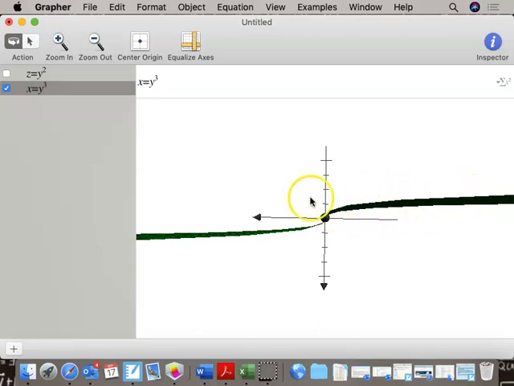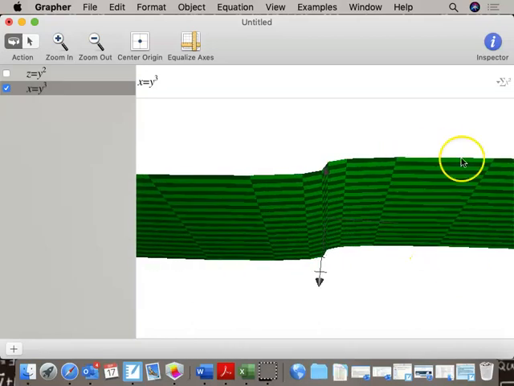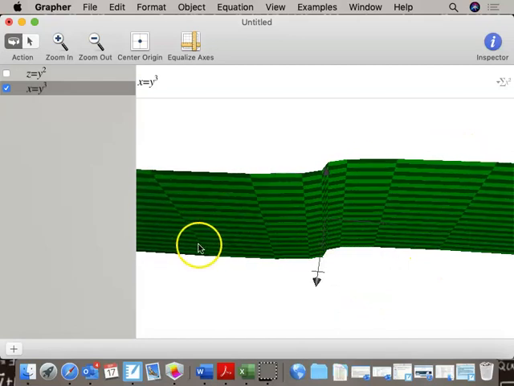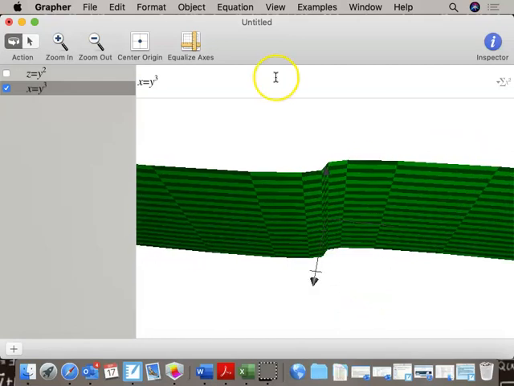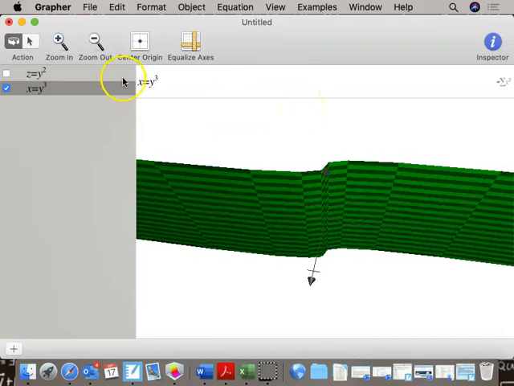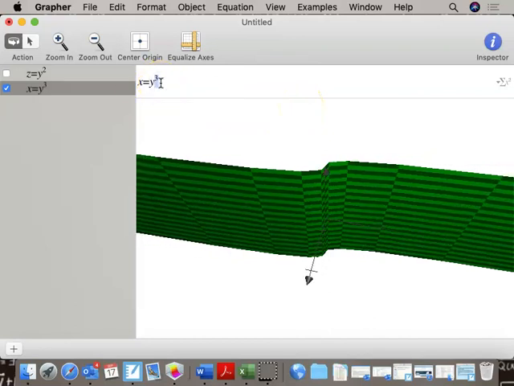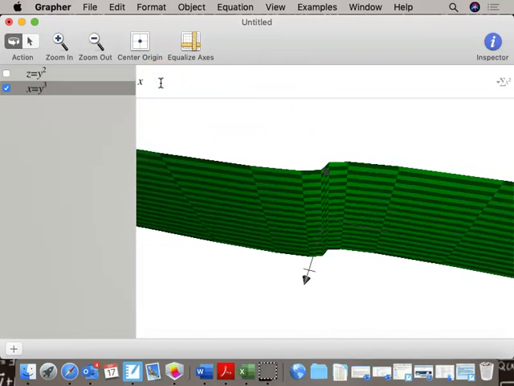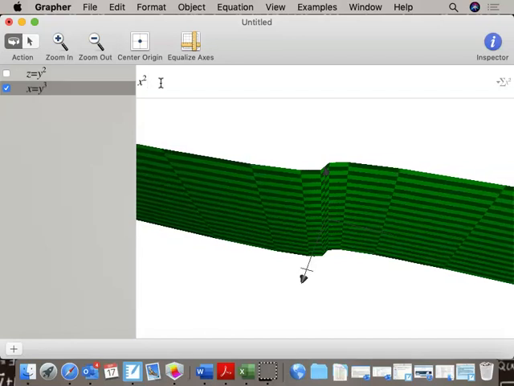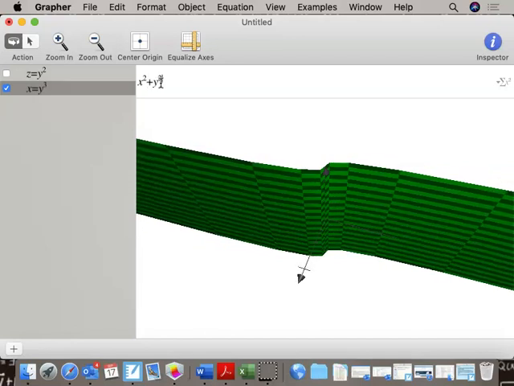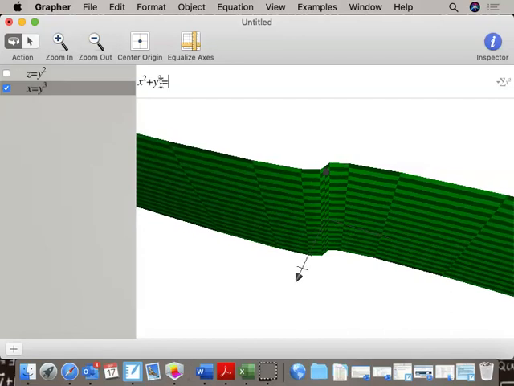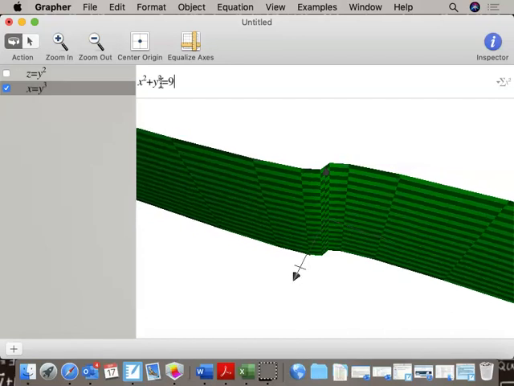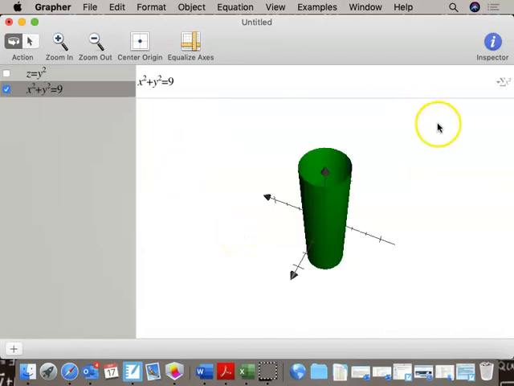So this is a cylinder, because you've got a generating curve, and then you have the set of all lines that intersect that curve and are parallel to each other. So what's a circular cylinder in 3D? Let's graph x squared plus y squared equals 9.